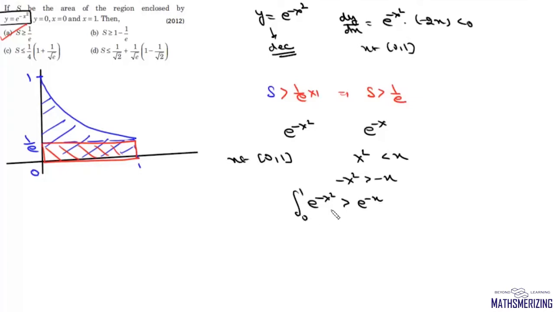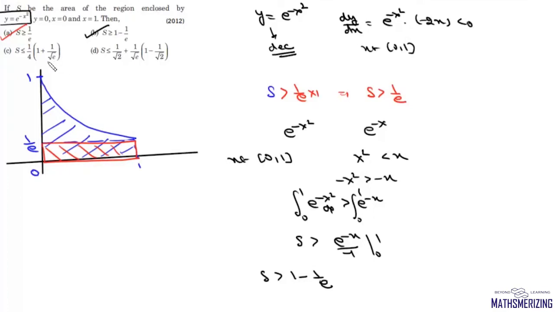Now we'll integrate from 0 to 1. Then this is S and this S will be greater than e to the power minus x upon minus 1 from 0 to 1. So we can write this S will be greater than 1 minus 1 upon e. So this S is greater than or equal to 1 minus 1 upon e. That means option B is also correct.